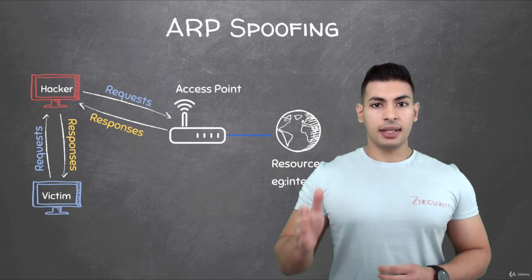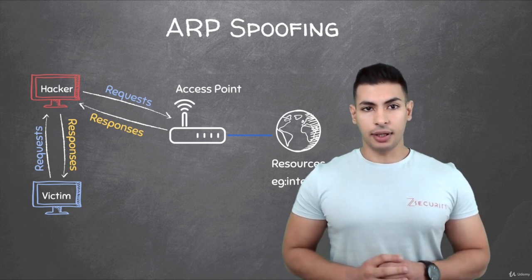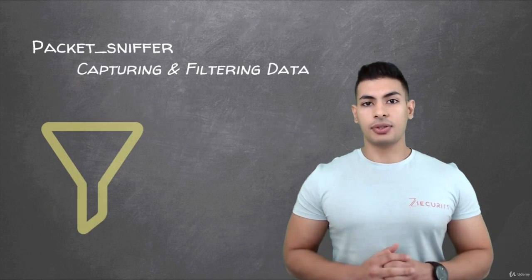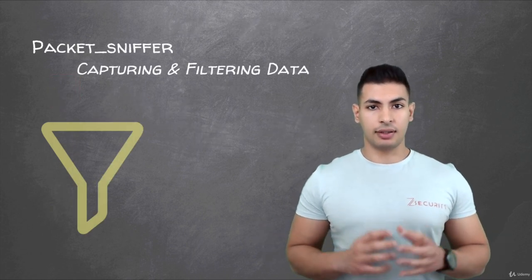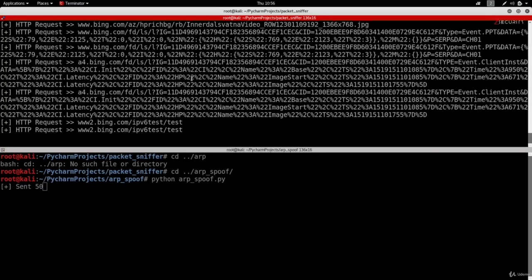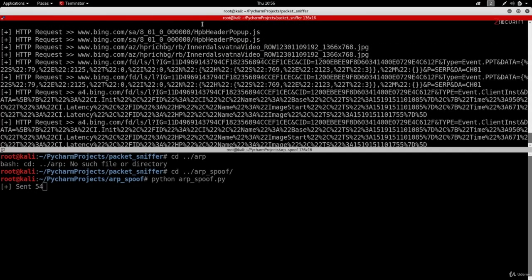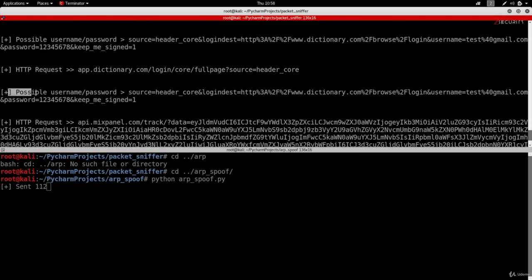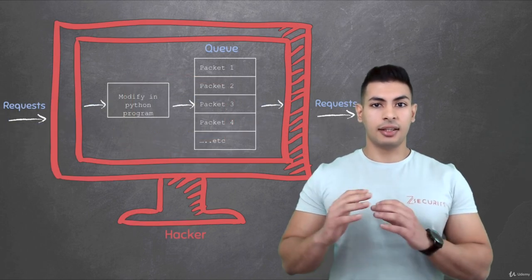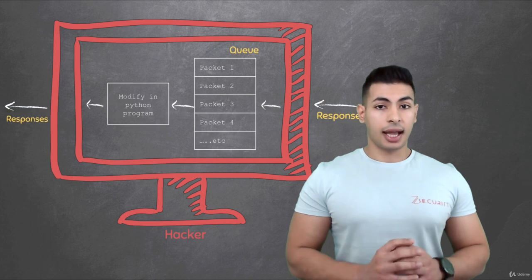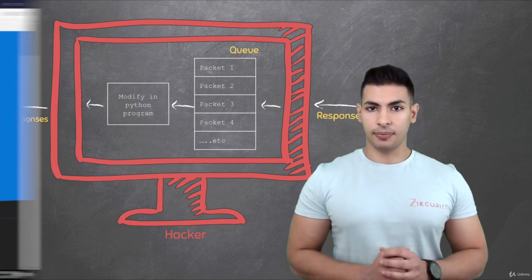Then we're going to dive even deeper in networking. So you're going to learn how to sniff data sent or received by any computer connected to the same network as us. This means we'll be able to see visited websites, login information, passwords, and pretty much everything they do on the internet. You'll also learn how to analyze data sent in the different layers in each packet and how to modify this data.